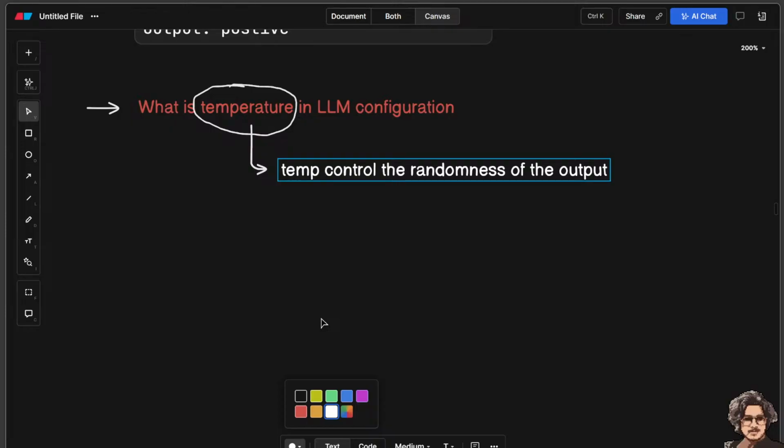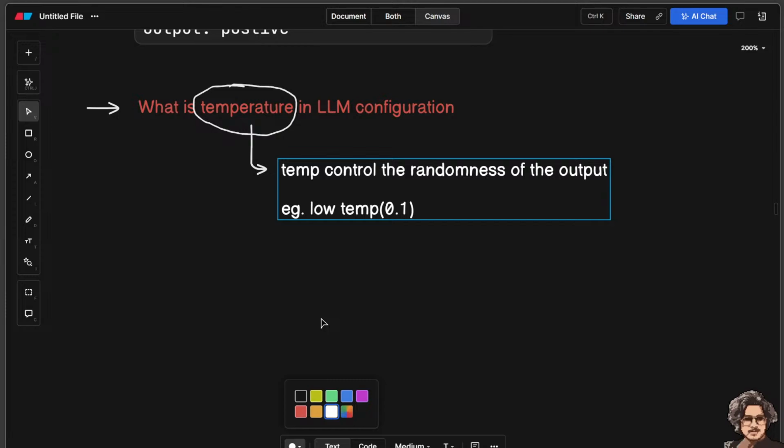A low temperature, for example 0.1, results in a more deterministic output.